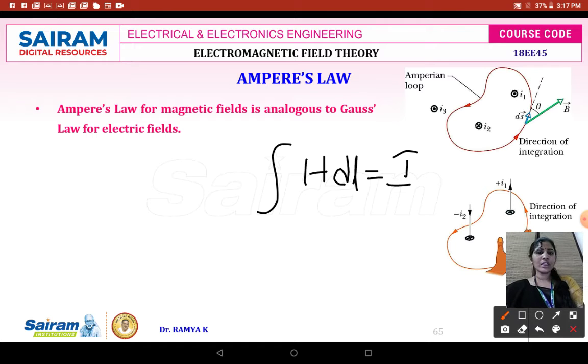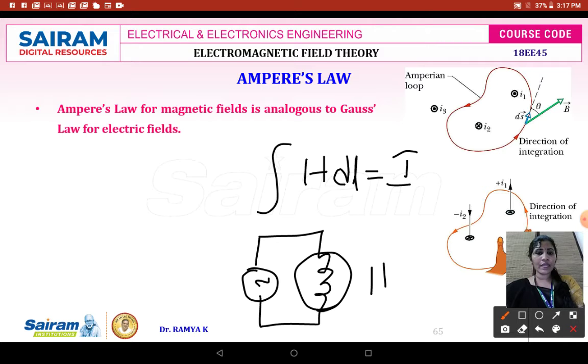If you consider any one circuit, for example an AC source, here I will be connecting one inductor. An inductor is capable of storing energy in the form of a magnetic field.